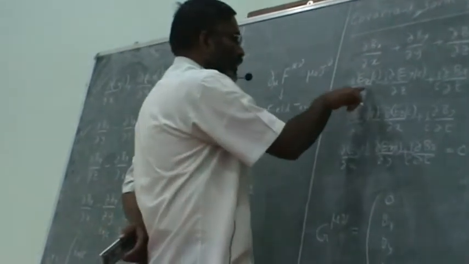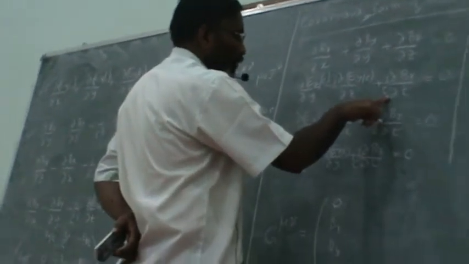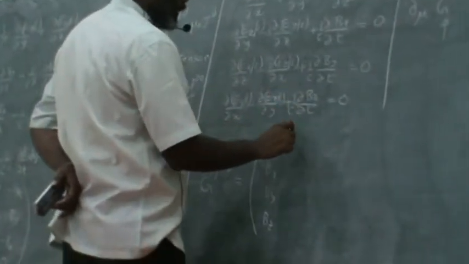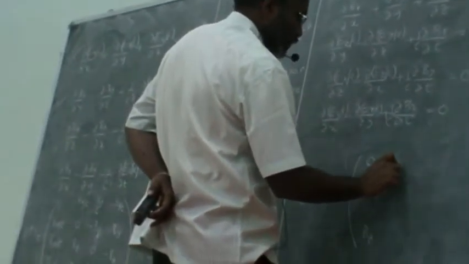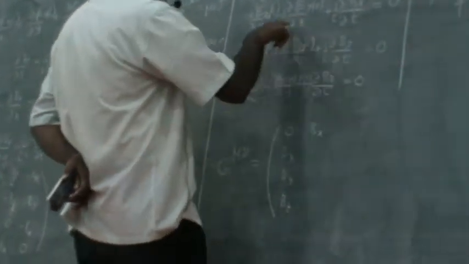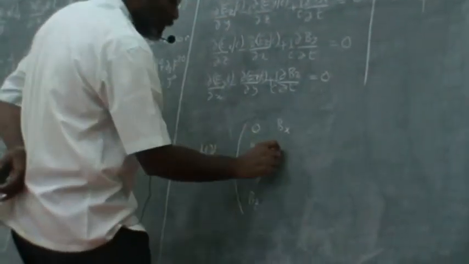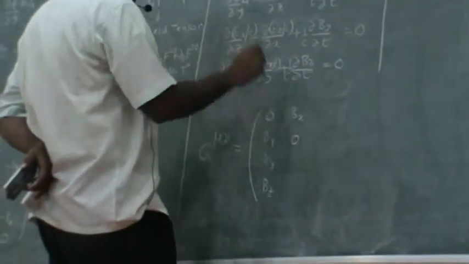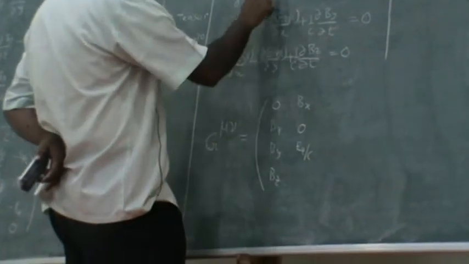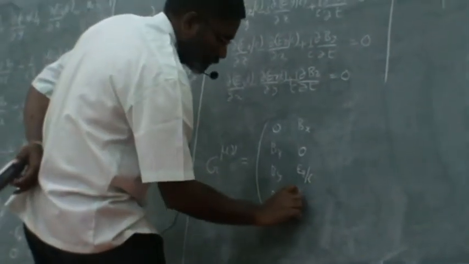So in the second case, I will have 1 by c ∂/∂t, so I will have Bx, and ∂/∂x has nothing, so that is 0. ∂/∂y has Ez by c, and this is minus Ey by c.